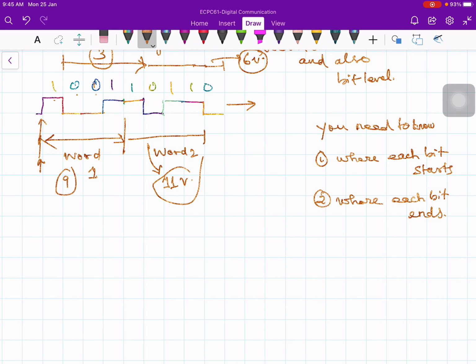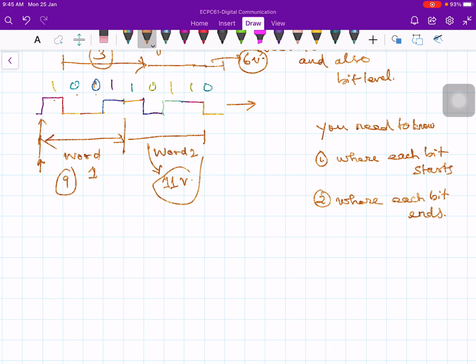This information is needed to enable the matched filter to do its job properly, not only for grouping the words or decoding the words. The matched filter also needs accurate bit duration, otherwise it will not do its job properly. Anyway, we will see that matched filter operation at a later stage.